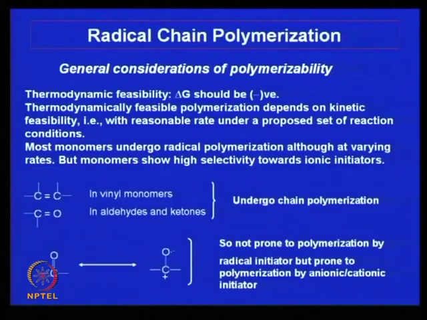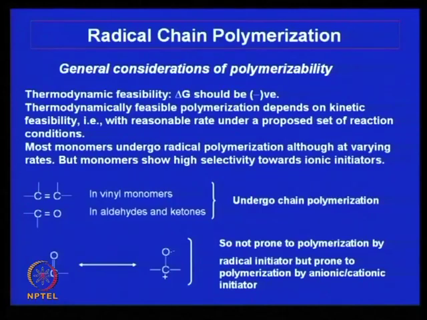What is thermodynamic feasibility? That free energy change should be negative. For any process, if the free energy change is negative, then only that process can happen, that chemical reaction process or chemical synthesis process can happen.